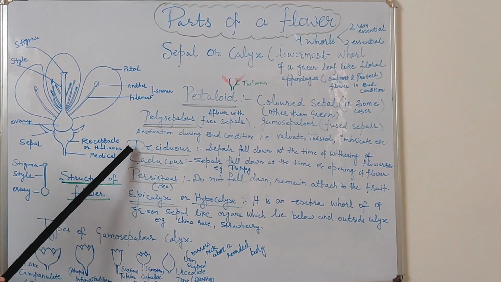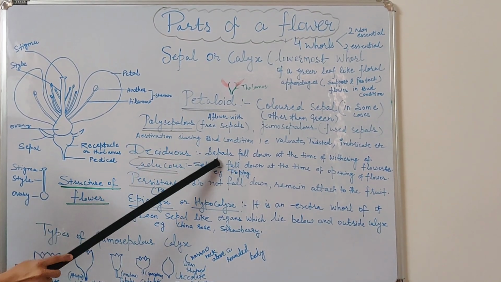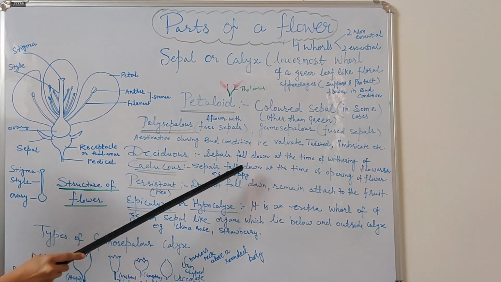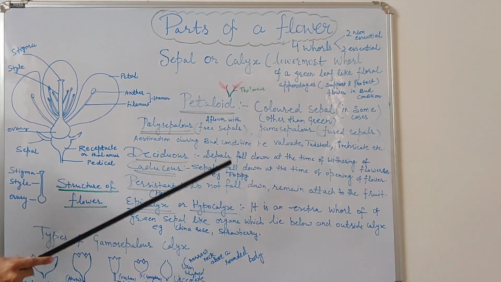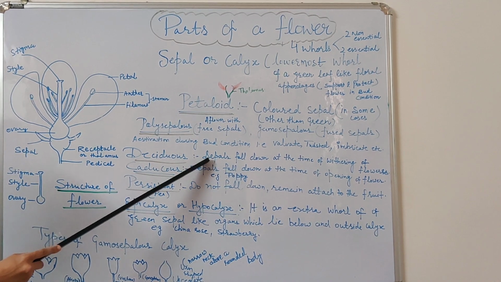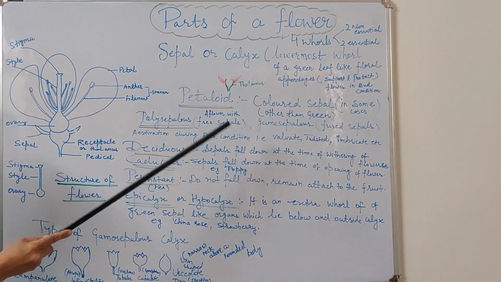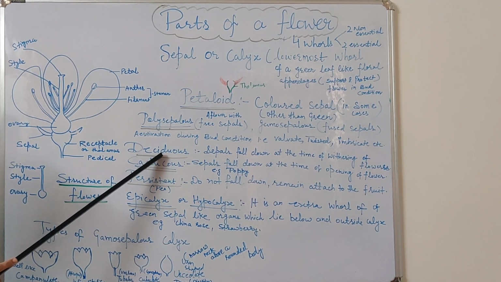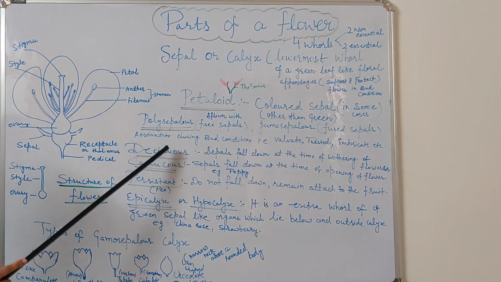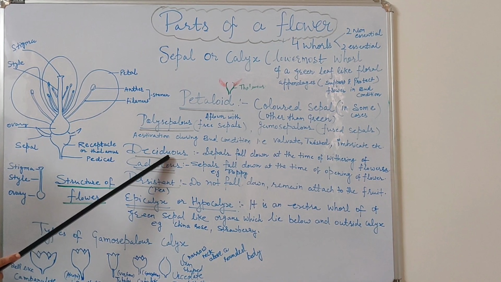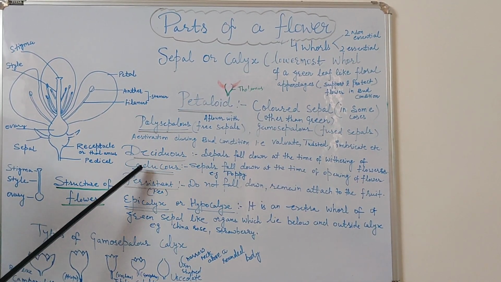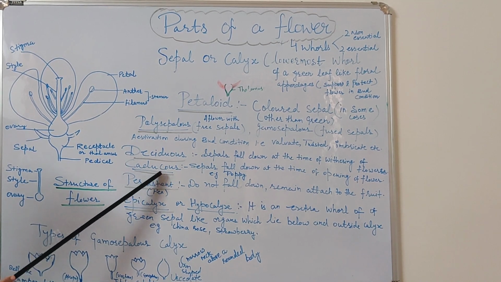And sepals which fall down at the time of withering of flowers, when flowers shrivel, sepals also fall down along with that. What term do we use? Deciduous. Such sepals are called deciduous. The next term is caducous.